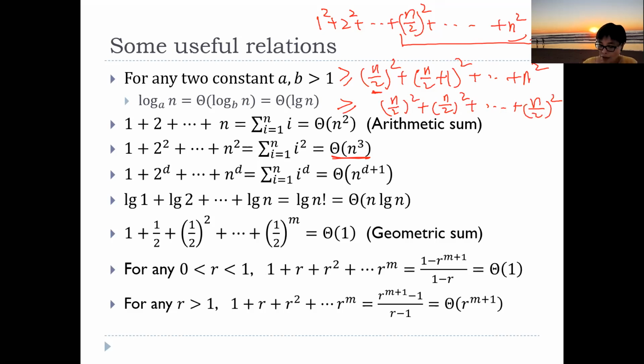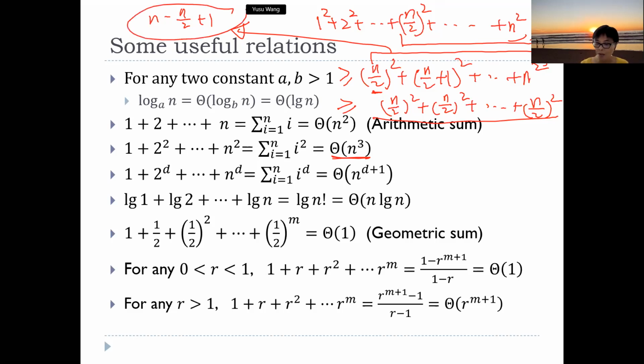We have terms going from n over 2 to n. So the number of terms is n minus n over 2 plus 1. That's the number of terms we have, so we're just adding n over 2 squared that number of times.